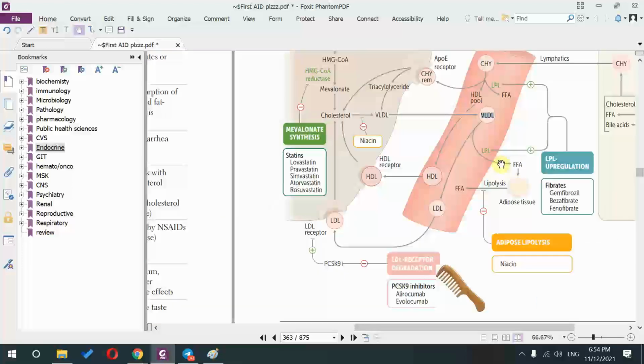So free fatty acids can accumulate and form adipose tissue. And the adipose tissue keeps accumulating until you have a belly and all the ladies run away from you. So yeah, be careful of that LDL. And adipose tissue can undergo the process of lipolysis, which leads to free fatty acids being made.